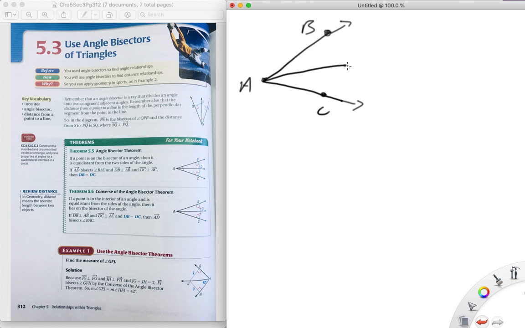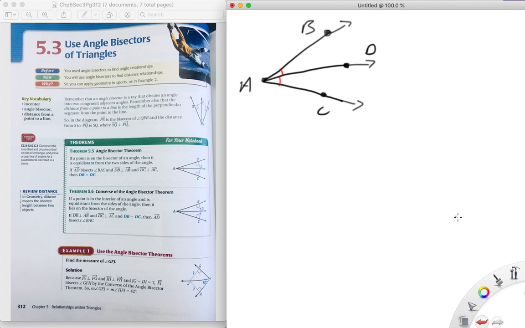As best as it can. And we call that ray AD. If that happens, and it cuts this angle in half, so these two guys are the same.